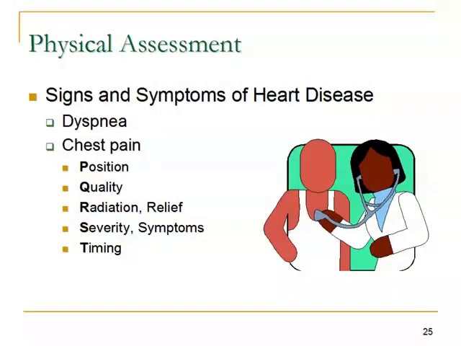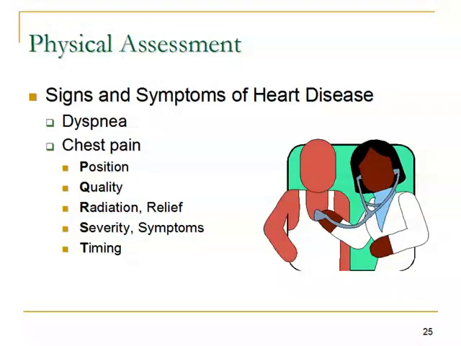The other thing that as a nurse we would want to do as far as checking out signs and symptoms and getting a little bit more information is to find out, does that chest pain radiate anywhere? Particular areas that are very common for chest pain to radiate for those patients that are having a heart attack is if it radiates up the neck or down the left arm or to the shoulders or the jaw. That's a very common thing. And so with those patients, we would want to make sure that that's documented and that we're giving them some quick relief of that pain.